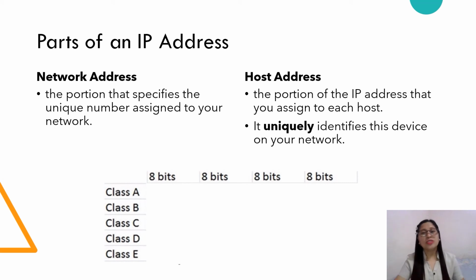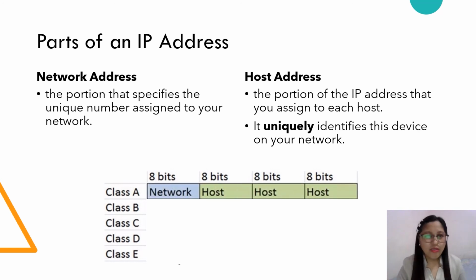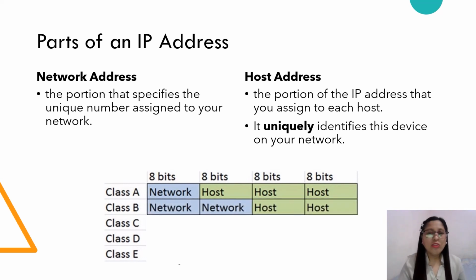This table shows the network portion and the host portion for each class of an IP address. For class A, the first octet is the network address, and the remaining octets refer to the host address. For class B, the first and second octet pertain to the network address, and the last 2 octets are for the host address.